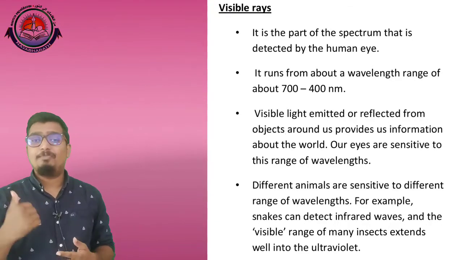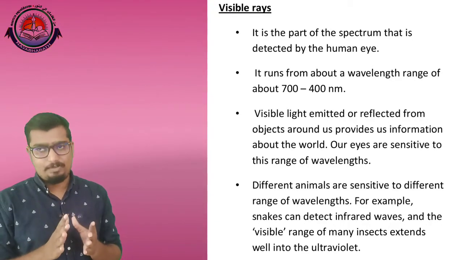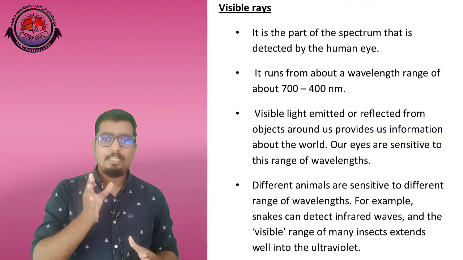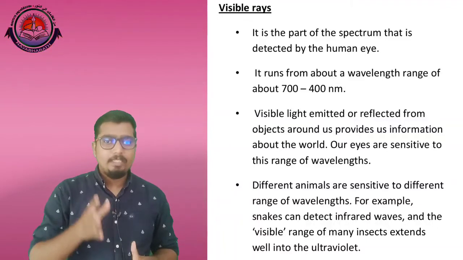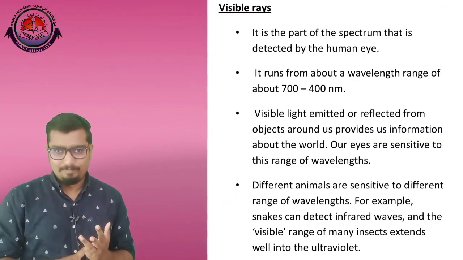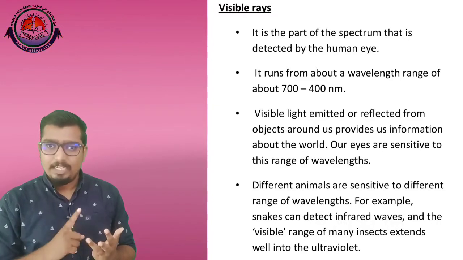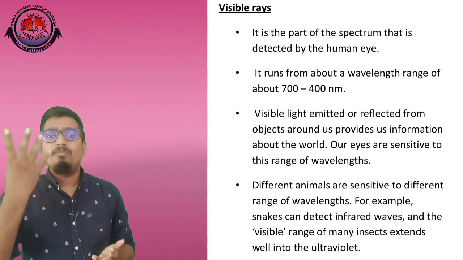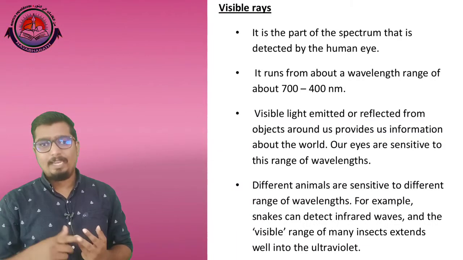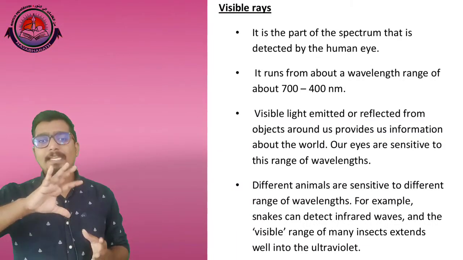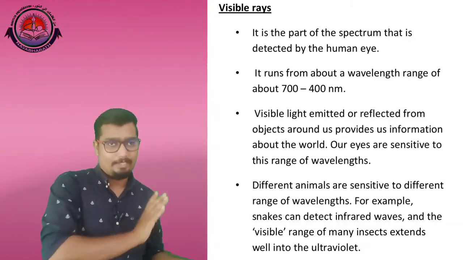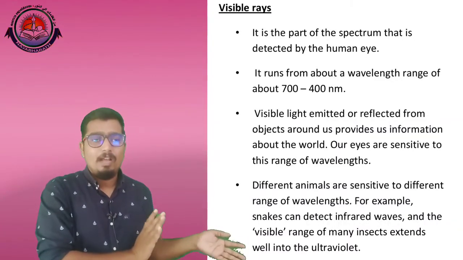Different animals are sensitive to different ranges of wavelength. For example, a snake can detect infrared waves, and the visible range of many insects extends well into the ultraviolet.